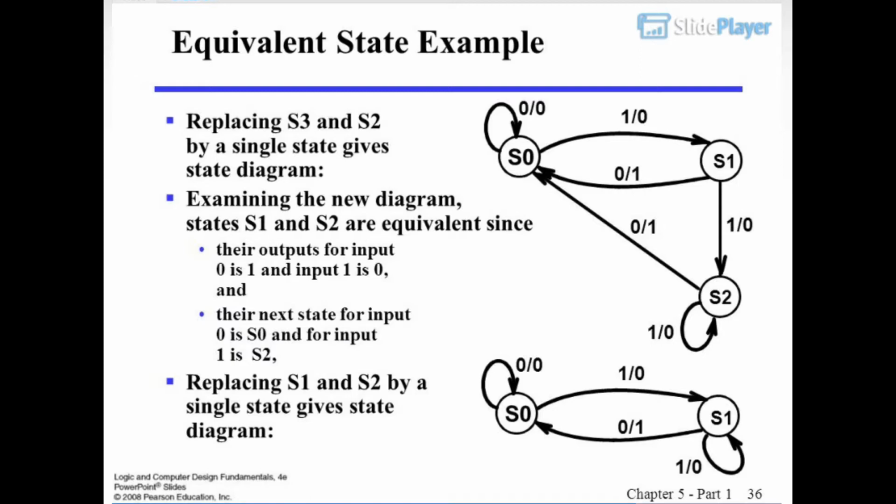Examining the new diagram, states S1 and S2 are equivalent since their outputs for input 0 is 1 and input 1 is 0, and the next state for input 0 is S0 and for input 1 is S2. Replacing S1 and S2 by a single state gives this state diagram.